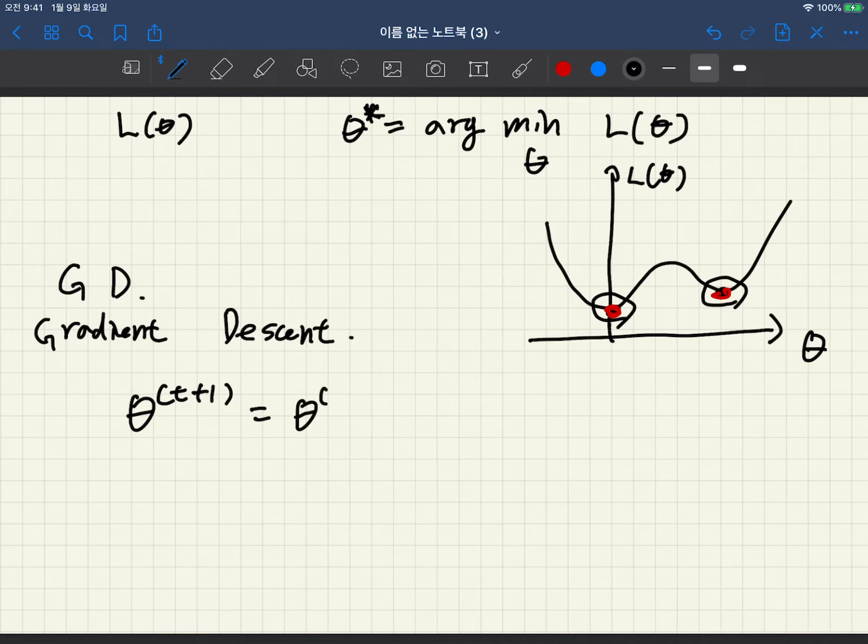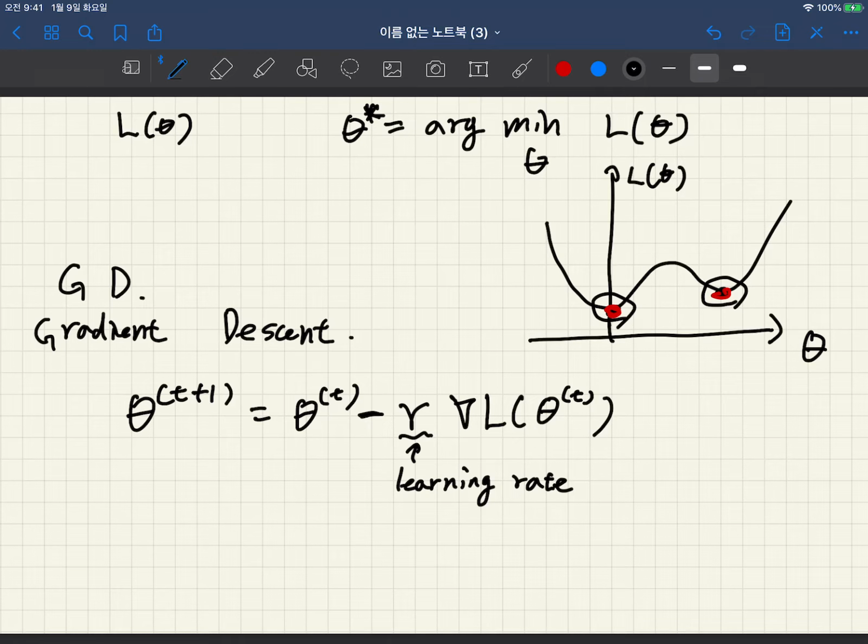This is theta t, the parameter value at time t, minus some constant times the gradient of your loss function at theta t. This is the gradient descent algorithm. Very simple. And this constant is called the learning rate or step size.